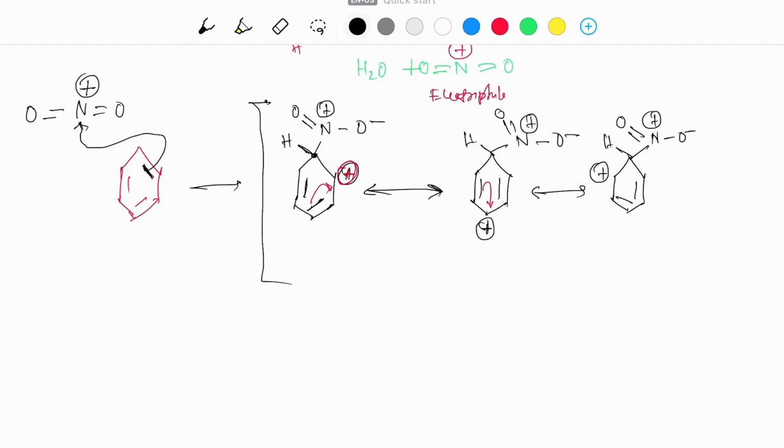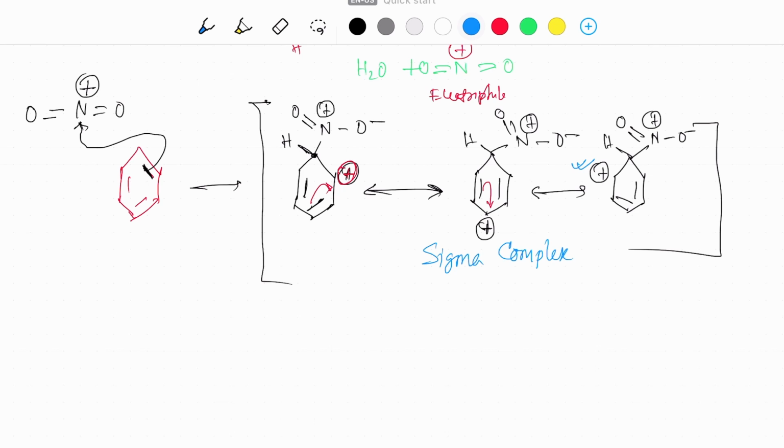Right, so that means this positive charge is mostly spread over 3 atoms within the ring. You can see, just as I drew here the resonance structures, and we call this resonance structure the sigma complex. And you have to draw these resonance structures in the exam when you are told to draw the mechanism.